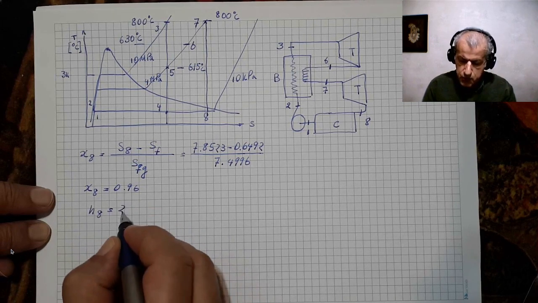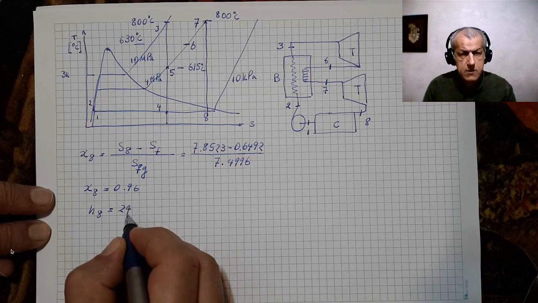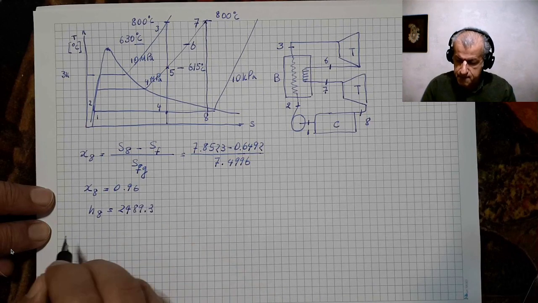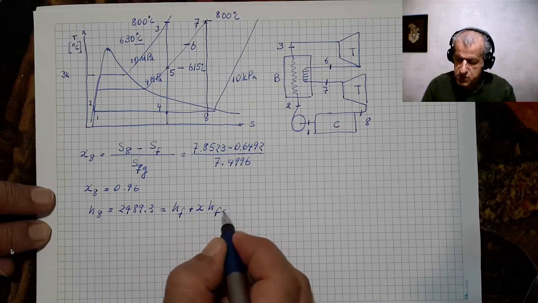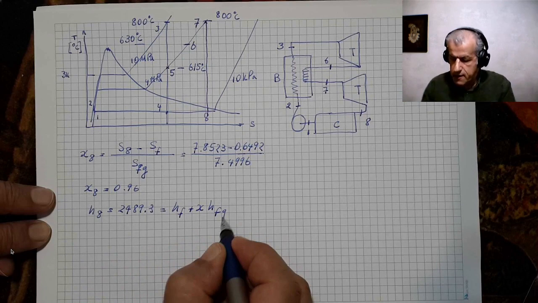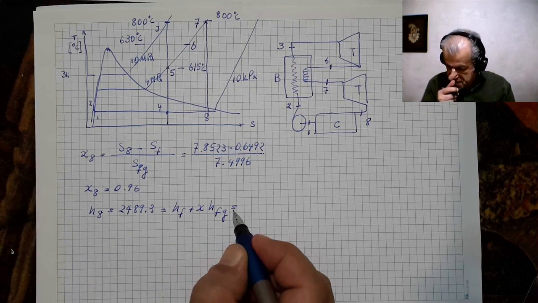Using this value to calculate the enthalpy of point 8, H8 is 2489.3. How did we calculate that? This was HF plus x times HFG, from the values that we know from the table.